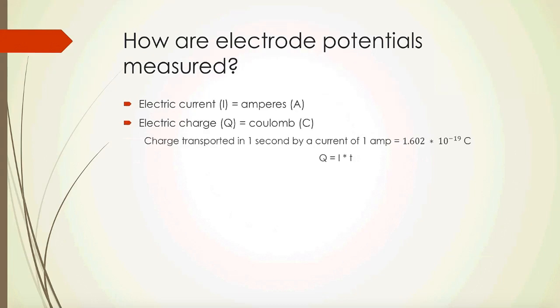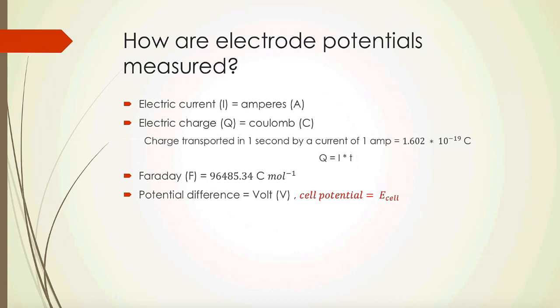Here are a few units to take a look at. Electric current in amps, electric charge in coulombs. Faraday's constant is going to be used to calculate Gibbs free energy. Potential difference is in volts.